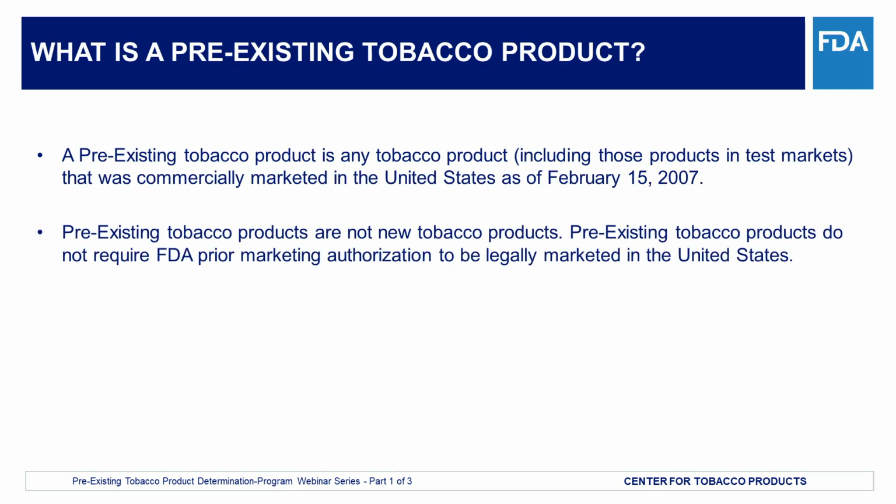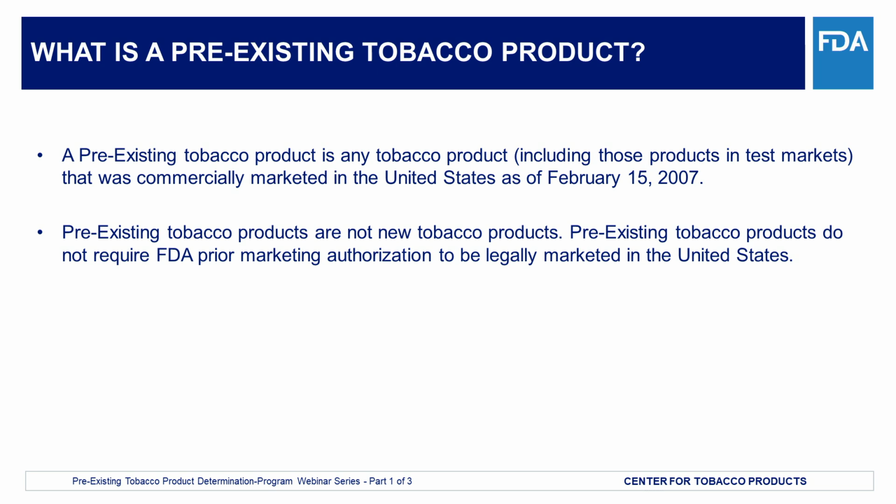A pre-existing tobacco product is a tobacco product that was commercially marketed, including in test markets in the United States as of February 15, 2007. A pre-existing tobacco product is not a new tobacco product.